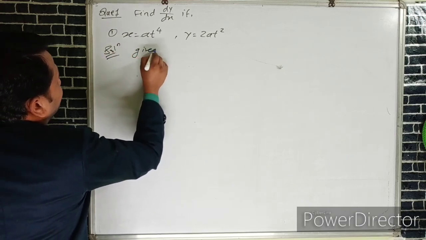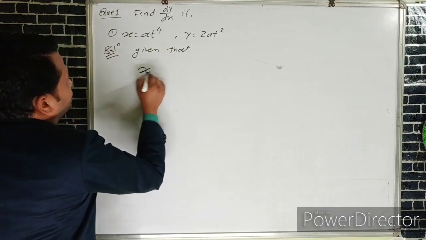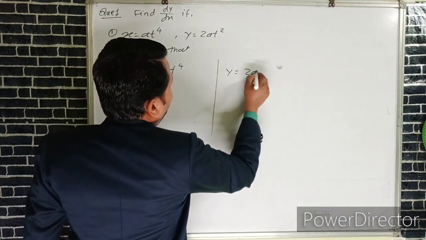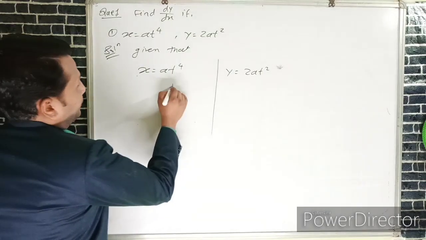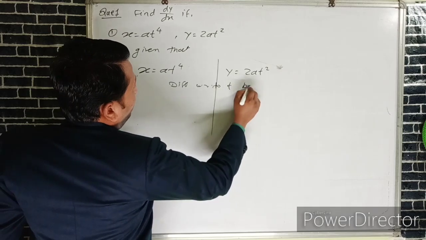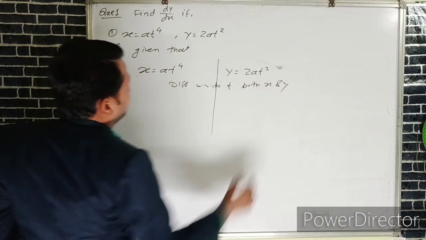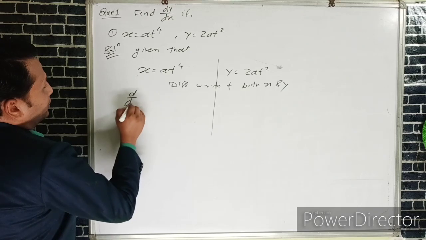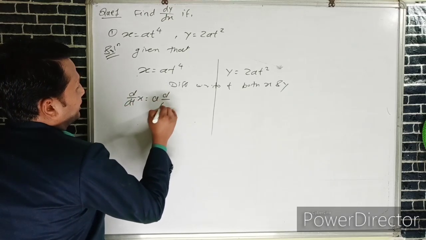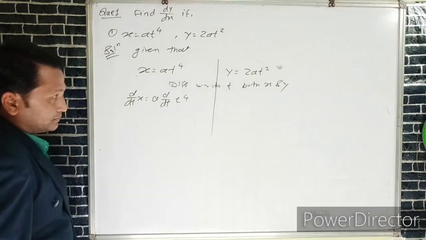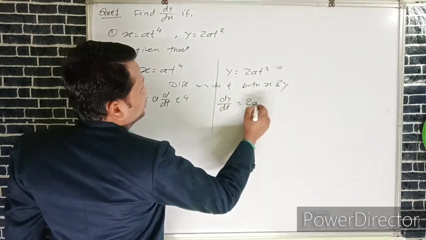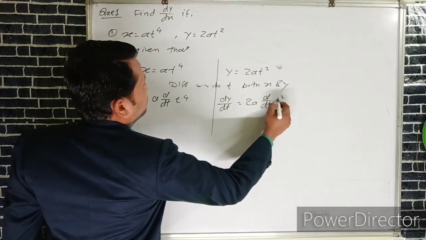Given that x is equal to at raised to the power 4 and y is equal to 2at square. If we differentiate both x and y with respect to t, here a is a constant, we take the derivative of t raised to the power 4. Again we write dy upon dt, where 2a is a constant, we take the derivative of t square with respect to t.